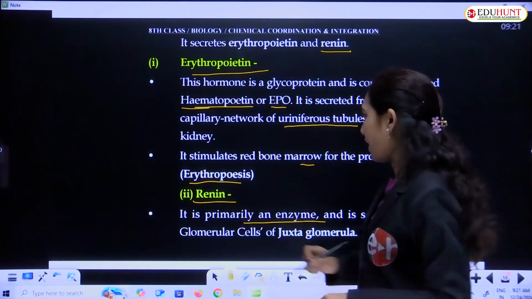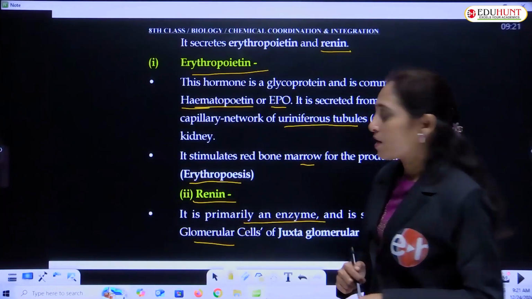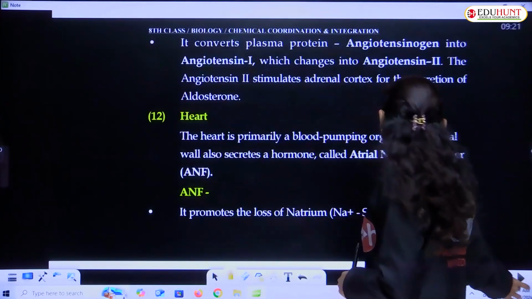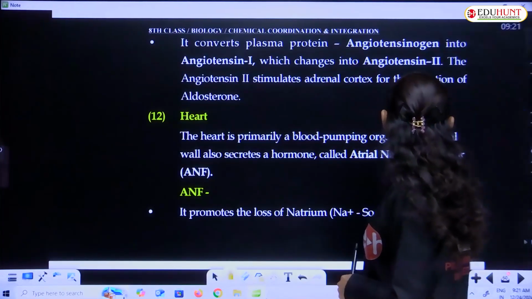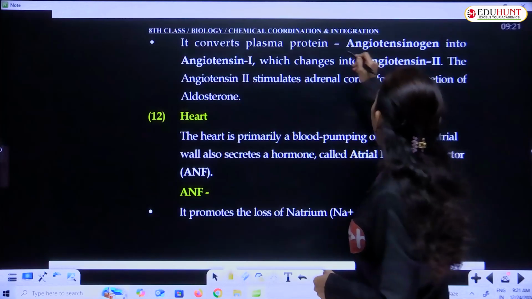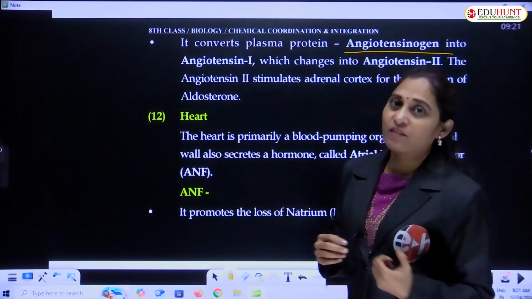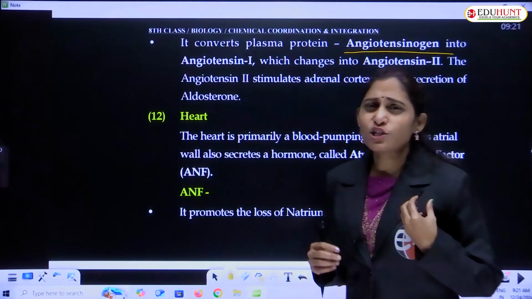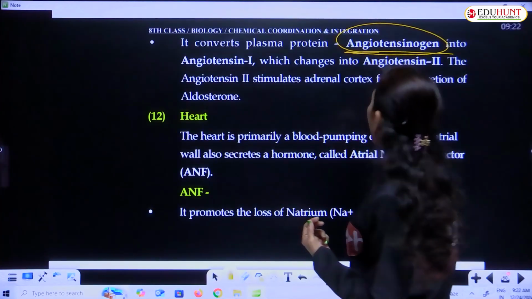It is secreted by the juxtaglomerular cells of the juxtaglomerular apparatus, and it converts the plasma protein angiotensinogen, which is an inactive protein, responsible for secretion of aldosterone.